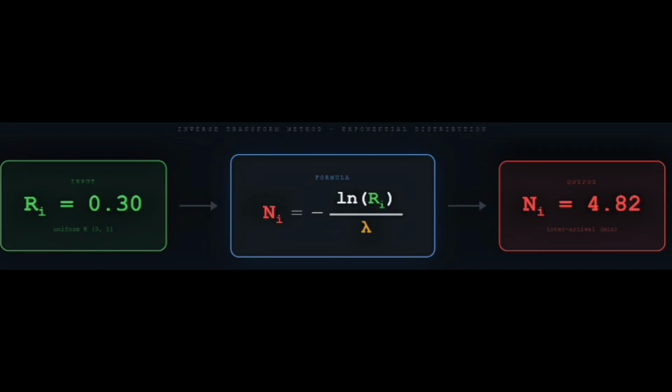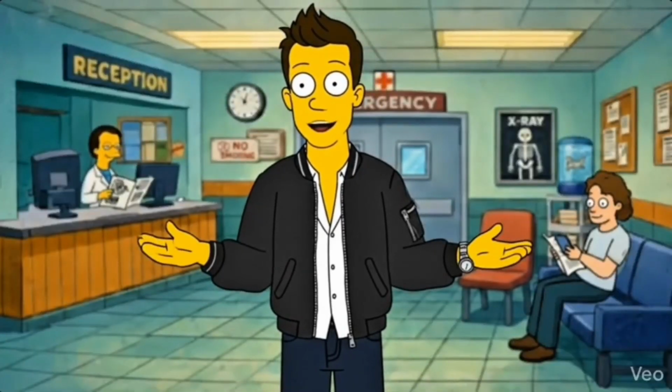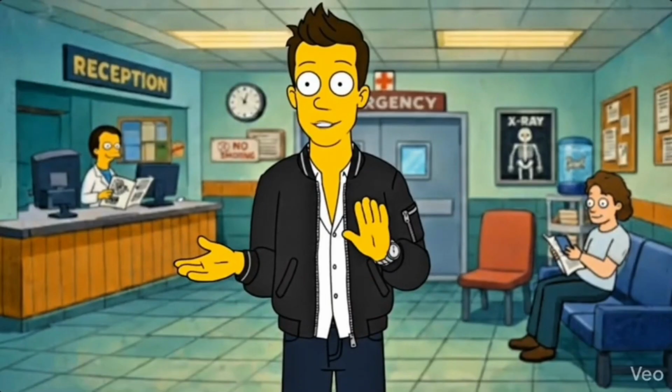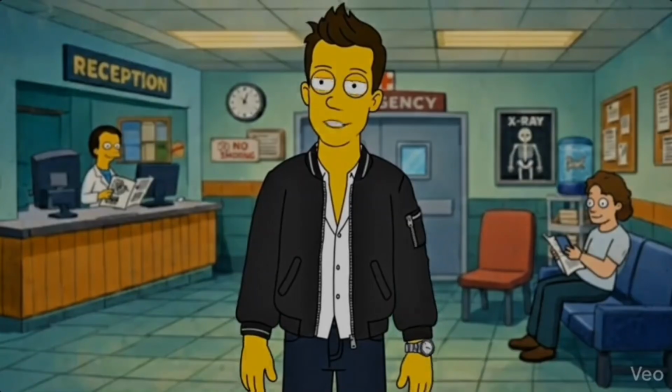Its inverse has an exact closed form, allowing a sample to be generated in a single calculation. Its memoryless property accurately reflects how patients arrive, and a single parameter, lambda, controls the entry rate. In short, pseudo-random numbers are the heartbeat of the simulation. The exponential distribution is one of its most fundamental voices, and now you know how it works.